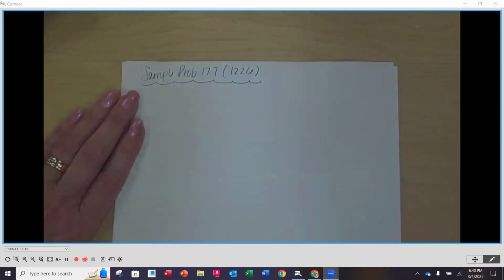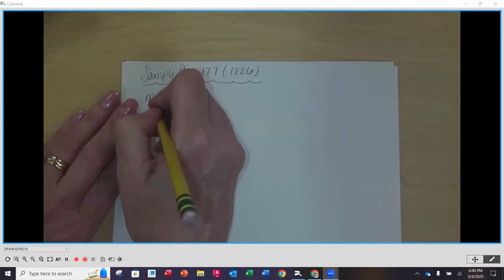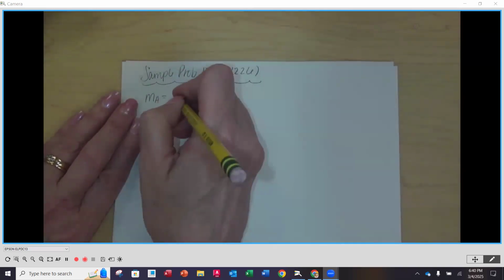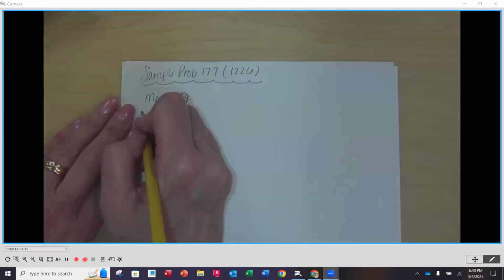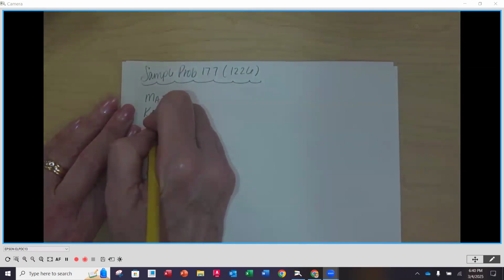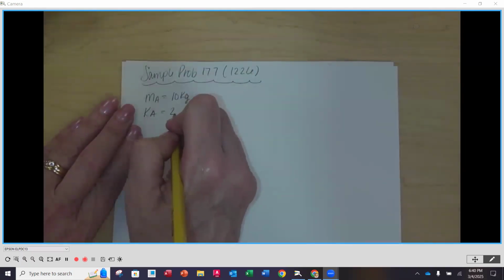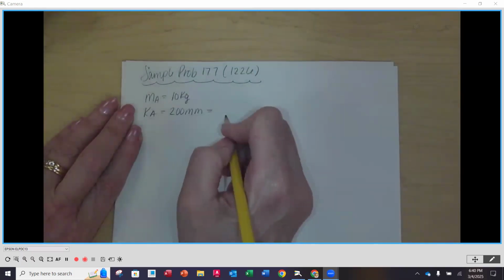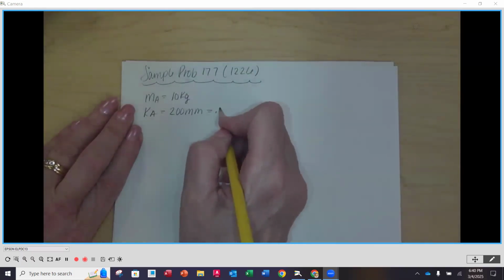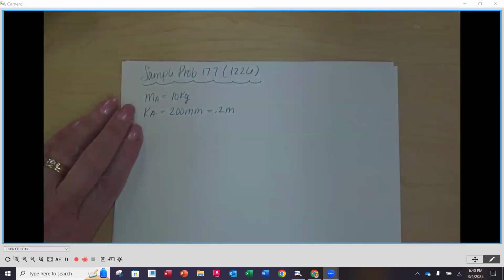All right. We know that the mass of gear A is 10 kilograms. We also know that the radius of gyration of A is 200 millimeters, but we need to get that into meters to use it. So this is going to be 0.2 meters.